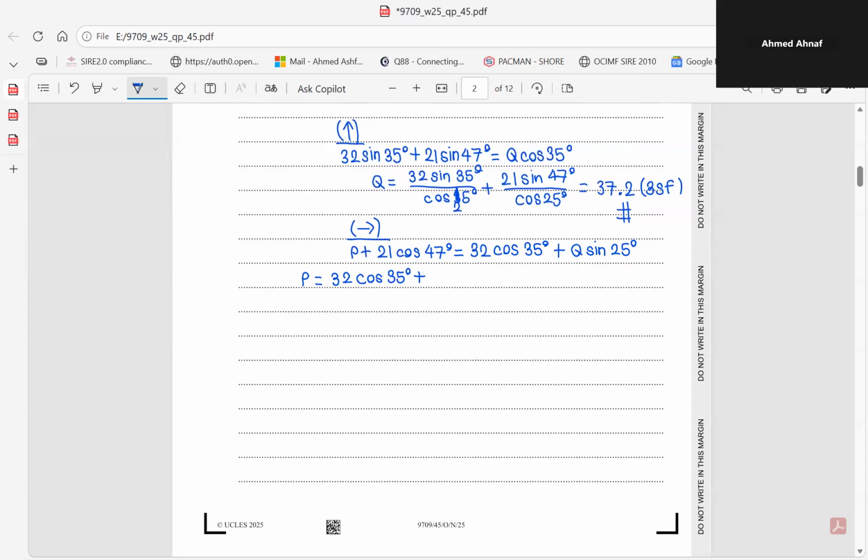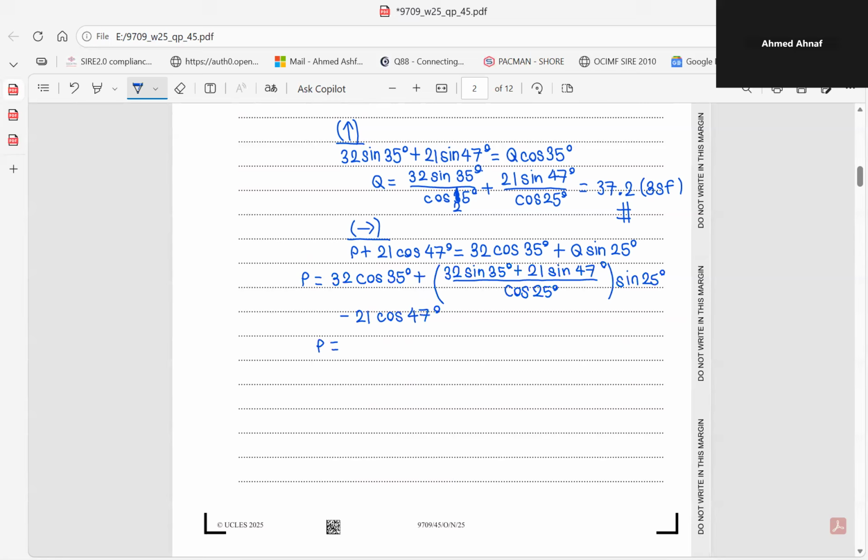For Q, just to be safe, I'm going to put the exact value: 32 sine 35 plus 21 sine 47 degrees over cosine 25 degrees, times sine 25 degrees, minus 21 cosine 47 degrees.